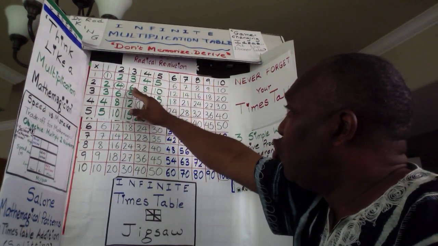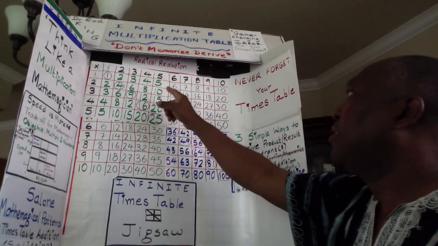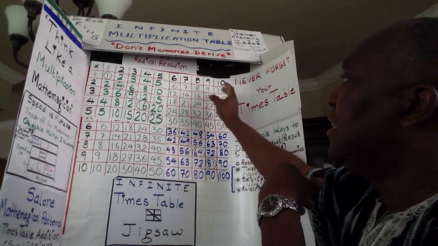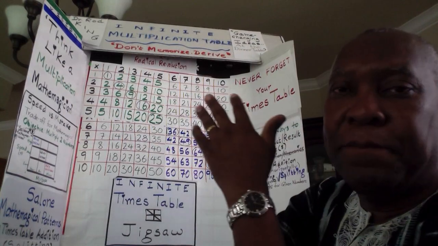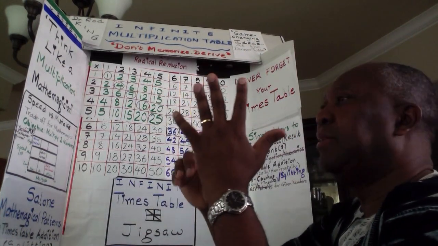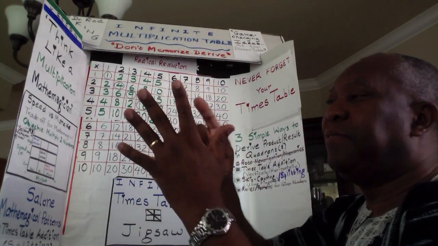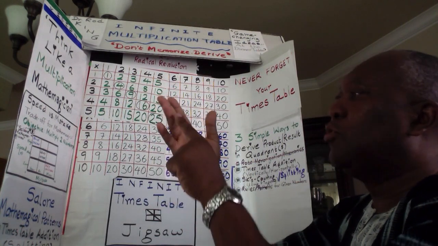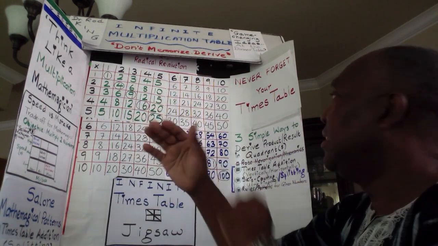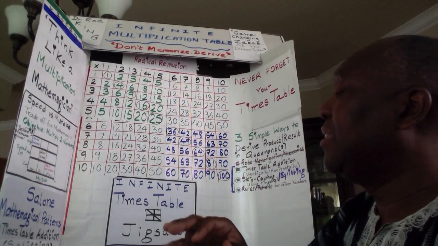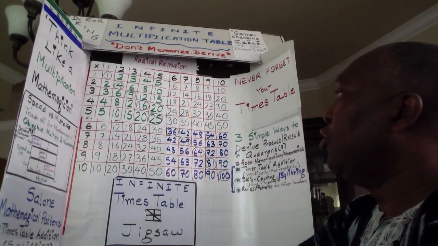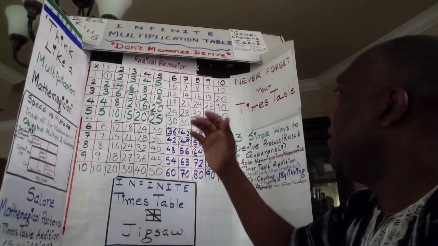But in 2, you are counting 2, 4, 6, 8, 10, 12, 14, 16, 18, 20. And 3, you can say 3, 6, 9, 12, 15, 18, 21, 24, 27, 30. So you can do skip counting, especially using your fingers.